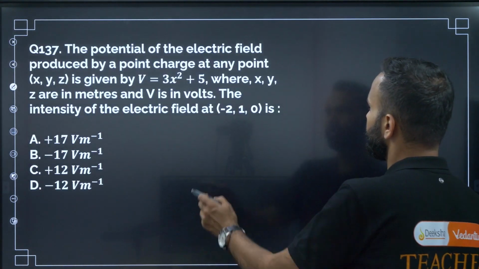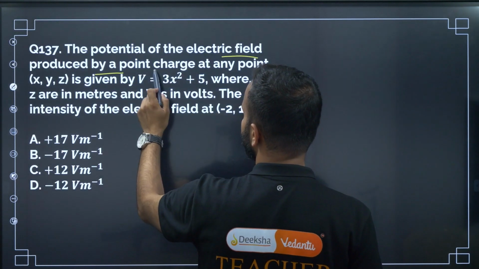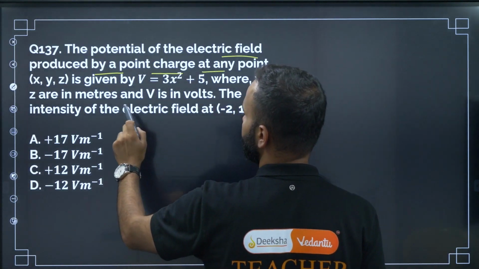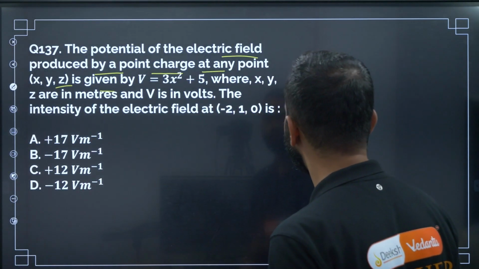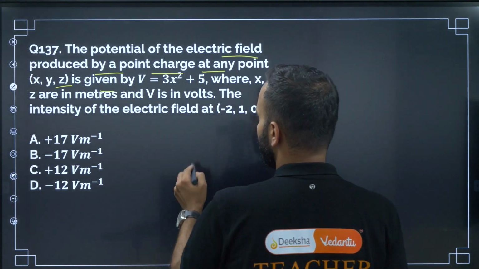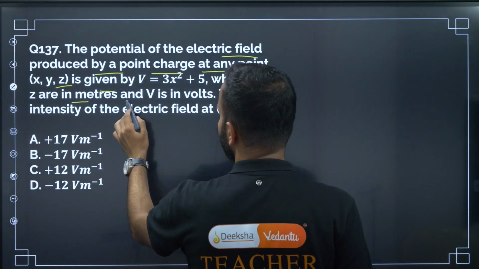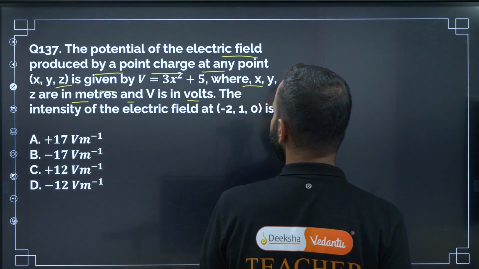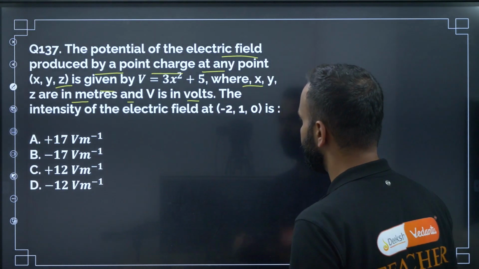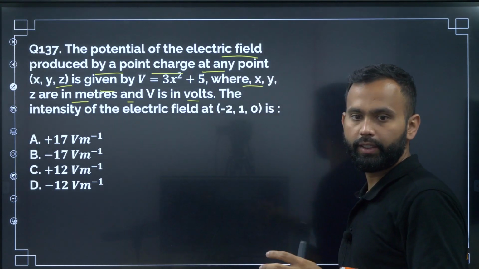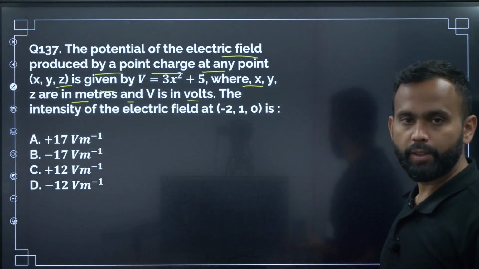137. The potential of the electric field produced by a point charge at any point x, y, z is given by 3x square plus 5, where x, y, z are in meters and V is in volts. Find the intensity of the electric field. We know the relationship between intensity of the electric field and the potential, right?